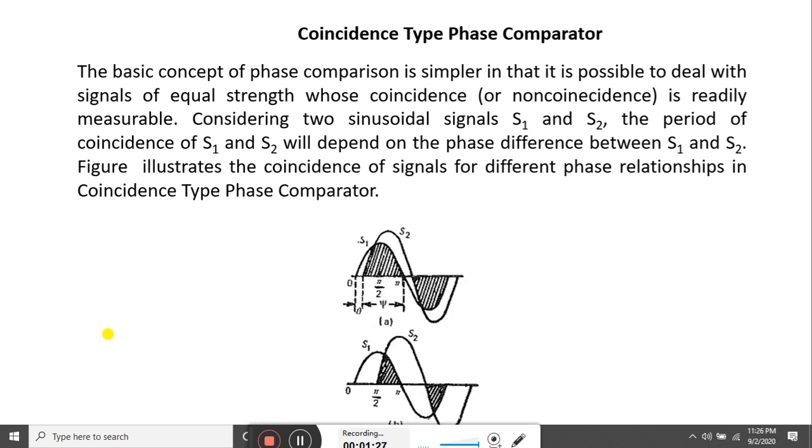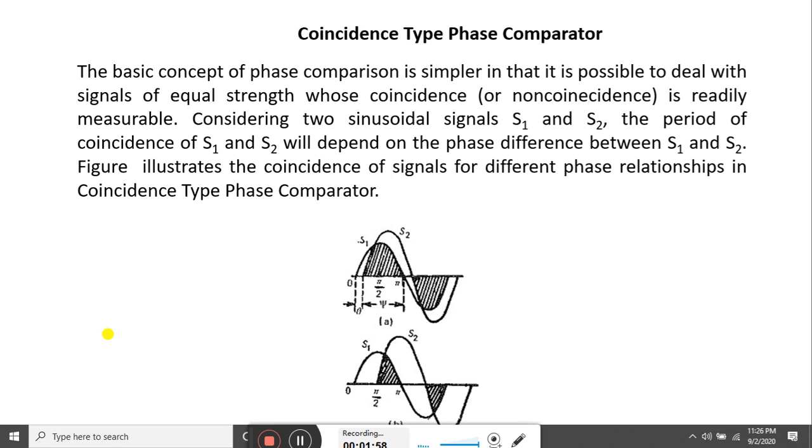If we vary the phase difference between the two signals, then the coincidence period will also vary. So depending upon the coincidence period, we can generate the output trip command so that we can protect a device. That is how the coincidence type phase comparator works.